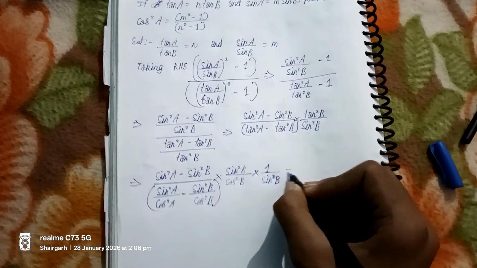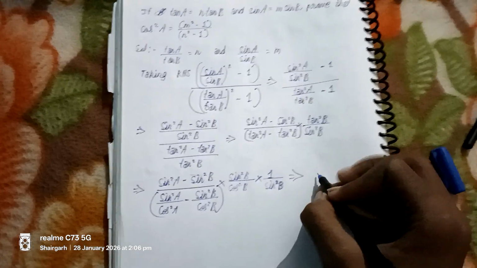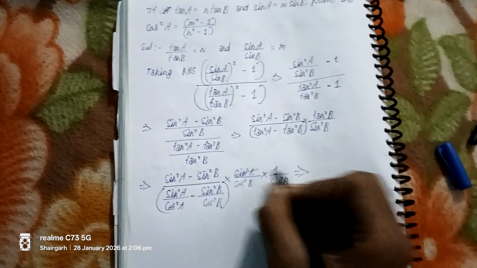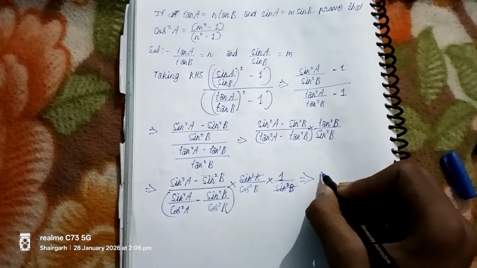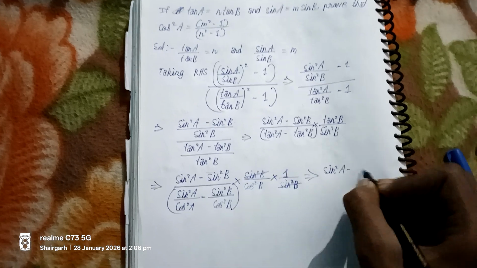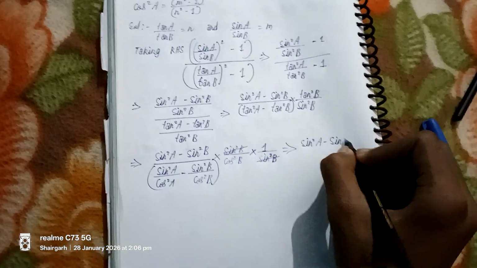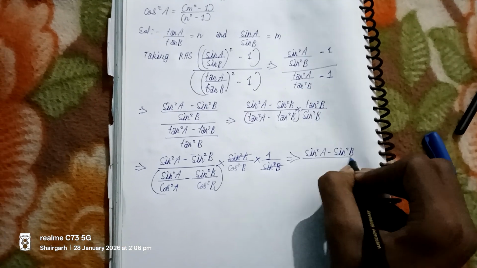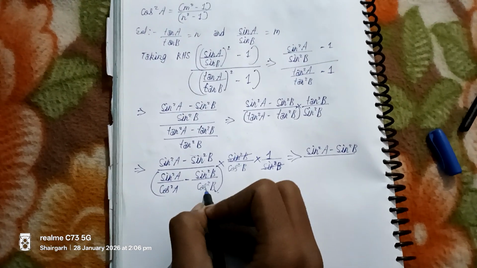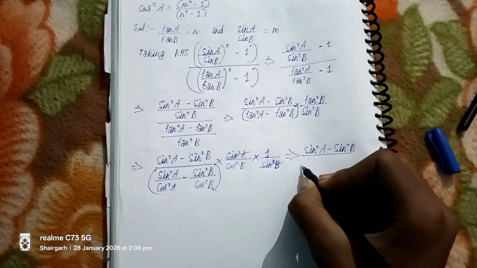Now for our next step, we can cross out this sin square B and sin square B. In the numerator we have sin square A minus sin square B. In the denominator we take the LCM and cross multiply.